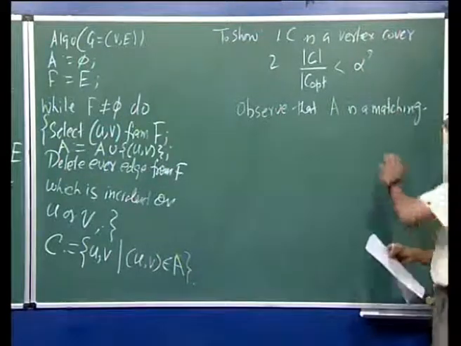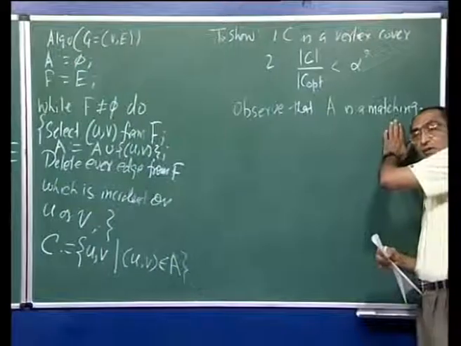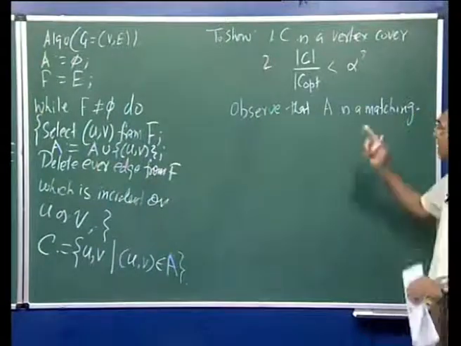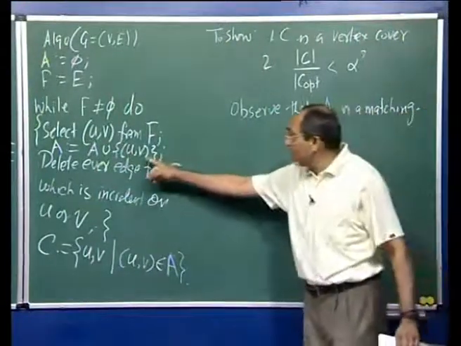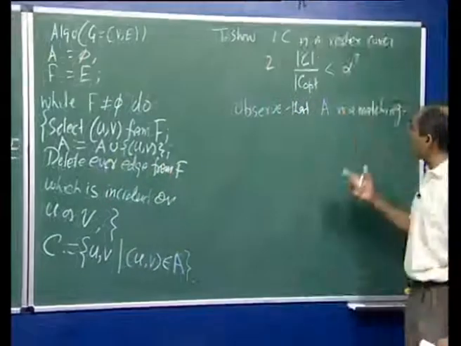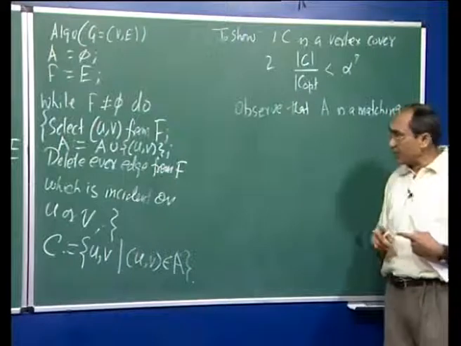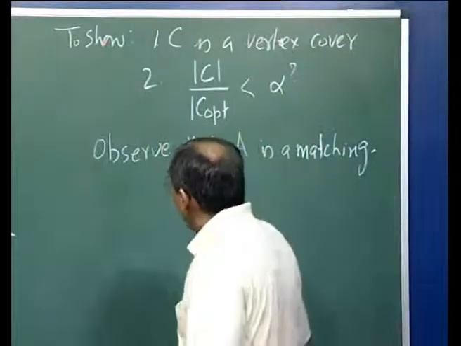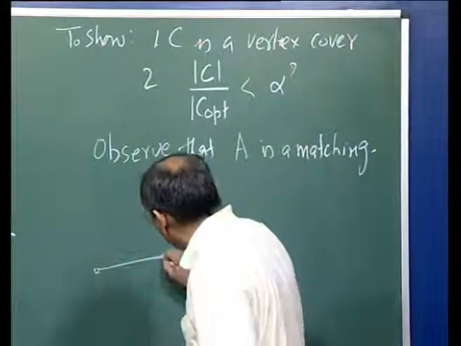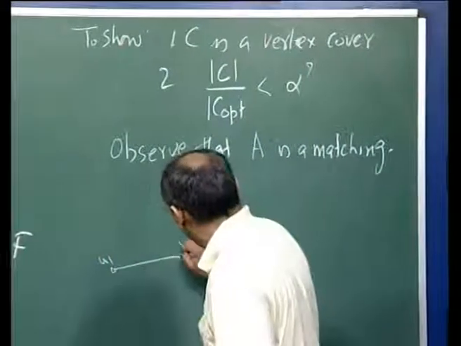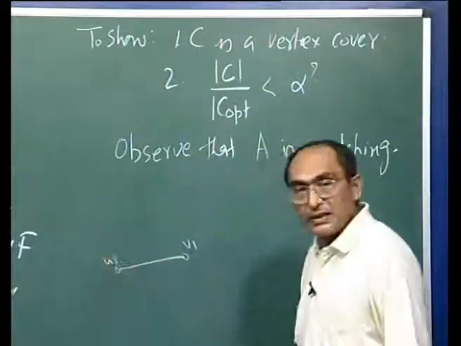Now, just to remind you, matching is a subset of edges. Remember, A is a collection of edges here. So, matching is a collection of edges such that no two edges share any vertex. What we are doing is we picked this U1, V1 and we removed all the other edges.